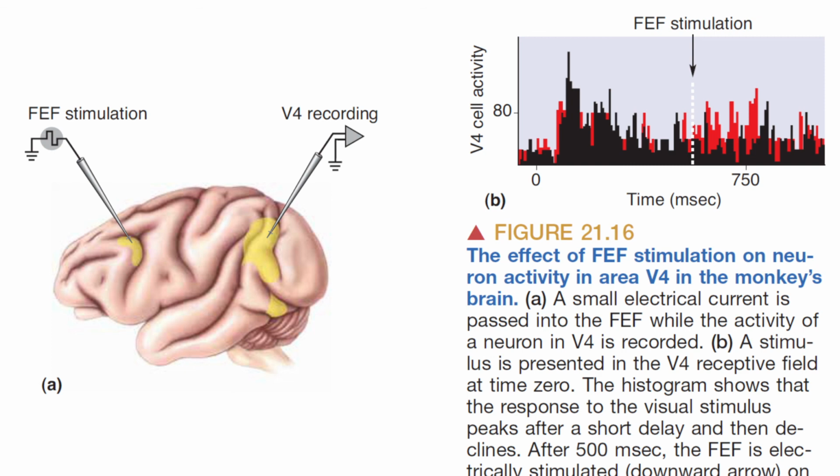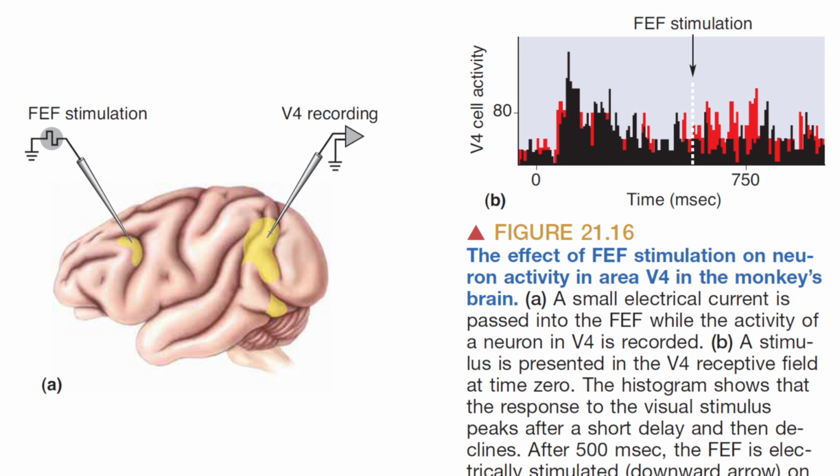So you have many action potentials on many trials, and they make very small groups of 10 milliseconds of action potentials and average them, and as a result you can see this histogram. You can see the difference between when they do not stimulate the frontal eye field, which is the black color, as compared to when they stimulate the frontal eye field, which is the red color.